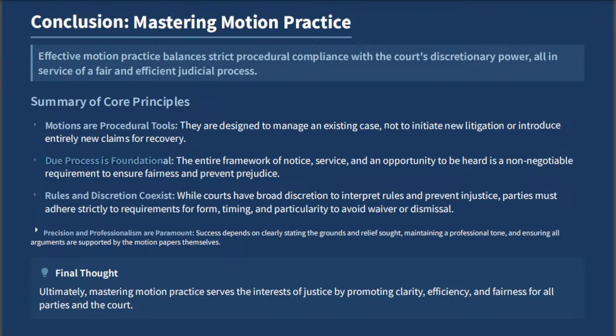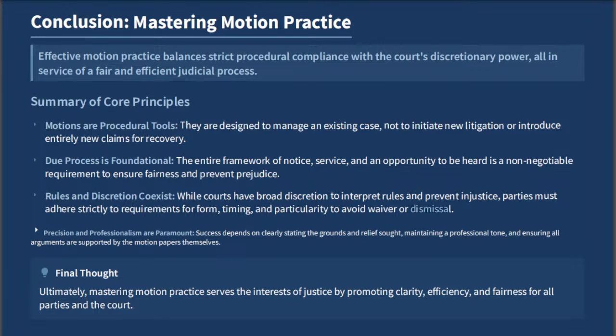Due process is foundational. The entire framework of notice, service, and an opportunity to be heard is a non-negotiable requirement to ensure fairness and prevent prejudice. Rules and discretion coexist. While courts have broad discretion to interpret rules and prevent injustice, parties must adhere strictly to requirements for form, timing, and particularity to avoid waiver or dismissal.